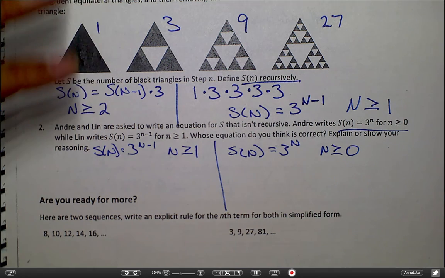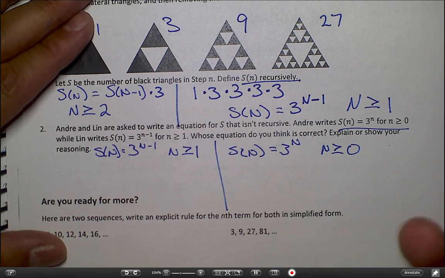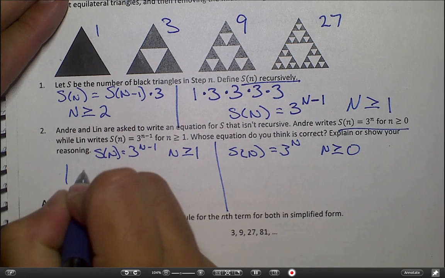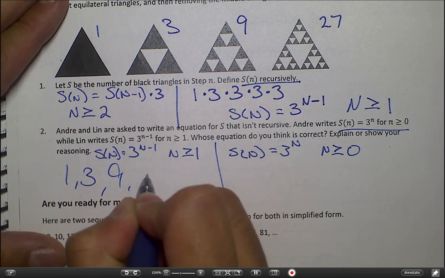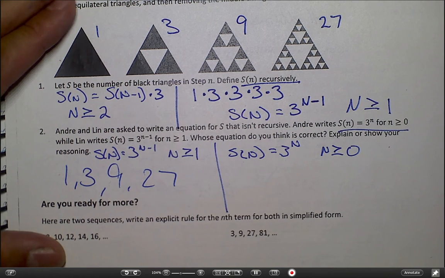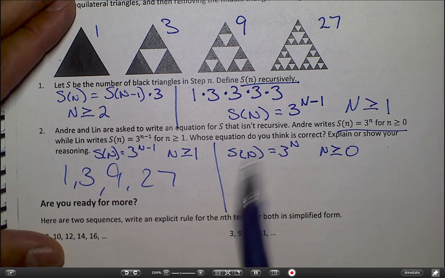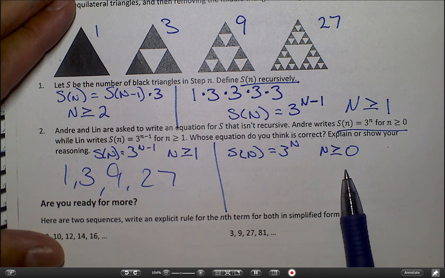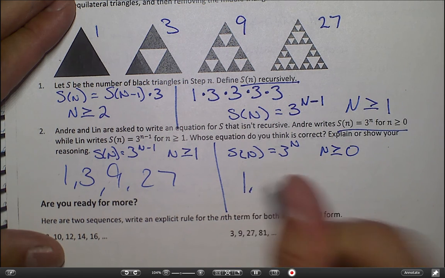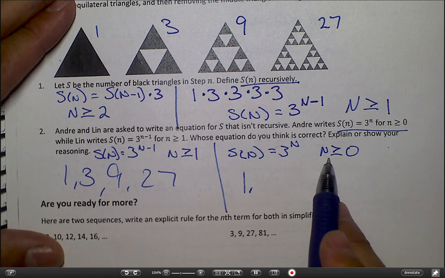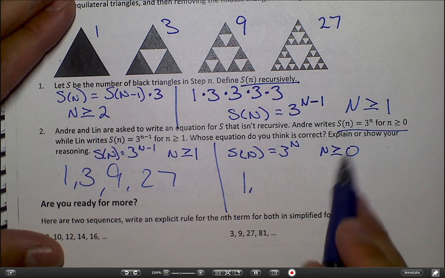All right, so for this one, we already did this. This is my 1, 3, 9, and 27. So for this one over here, what is my first term going to be? 1, because it states that n is going to start at 1. Oh, I'm sorry, start at 0.